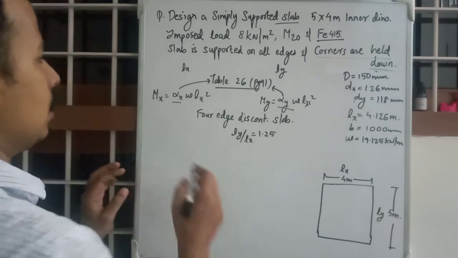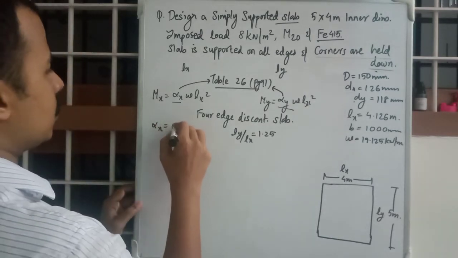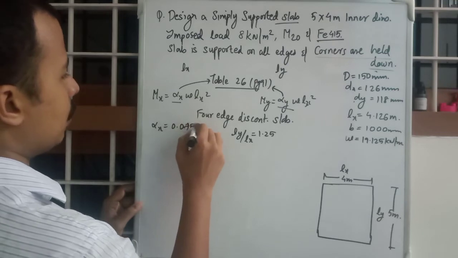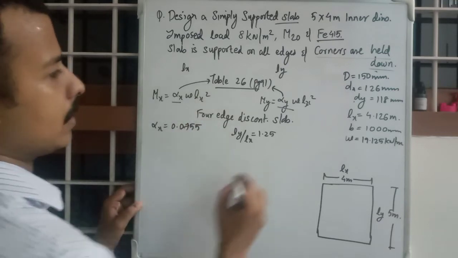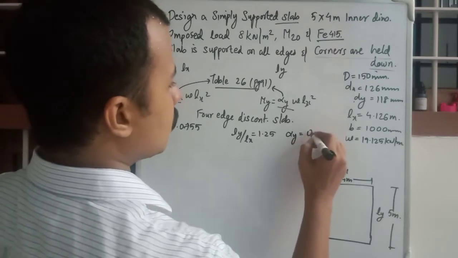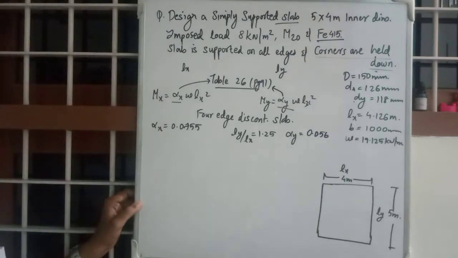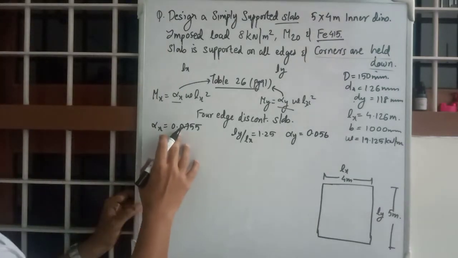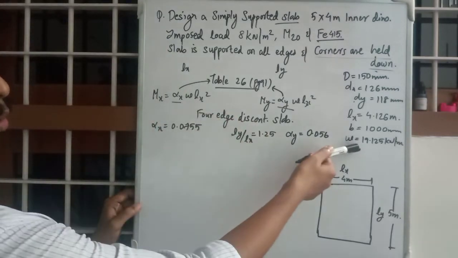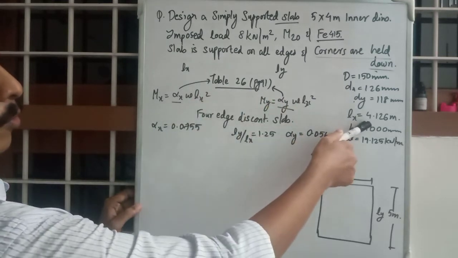Okay, so the alpha x value is 0.0755, alpha y value is 0.056. Okay, so based on these values, W is 19.125, Lx is 4.126.